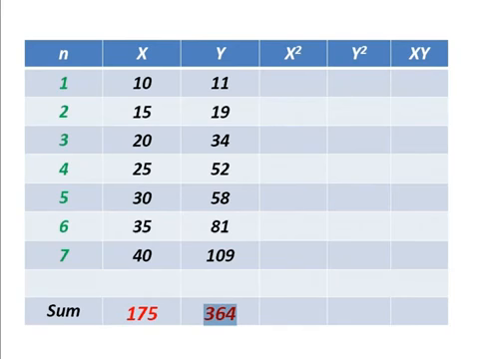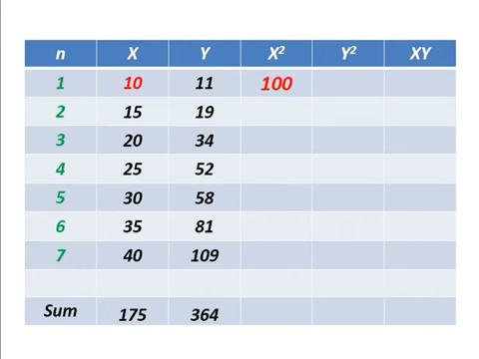Okay, so now we're going to compute the values for the other columns. First off, I'm going to compute x squared. X is 10, so x squared is 100. 15 squared is 225. 20 squared is 400. 25 squared is 625. 30 squared is 900. 35 squared is 1225.